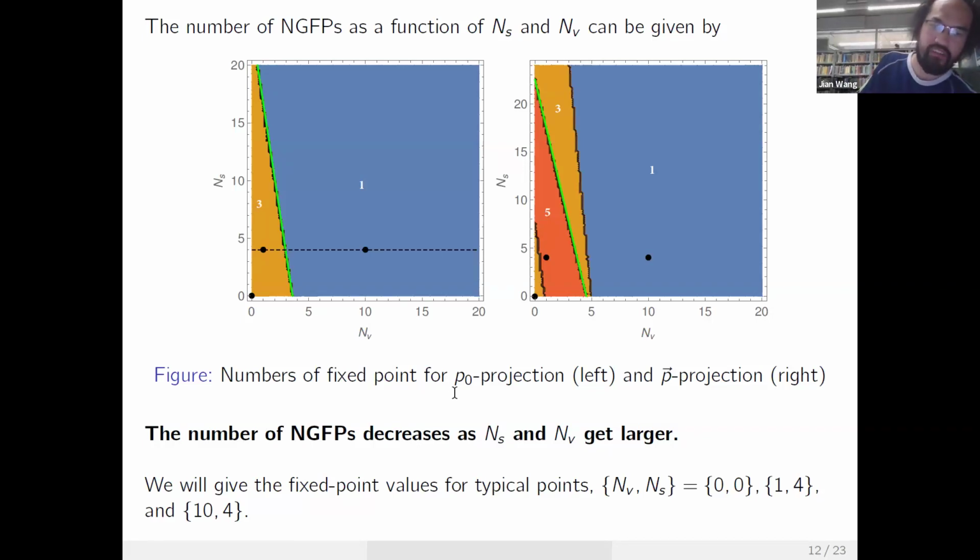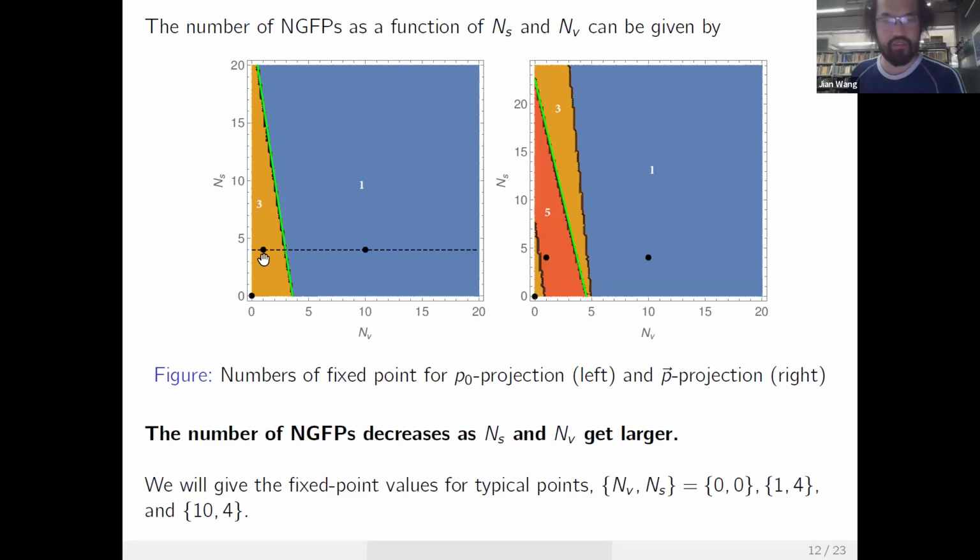So in this talk, I will just show the phase point values for 3 typical reference points. First I will give the phase point value for this point, which is just a pure gravity case with 0 matter fields.